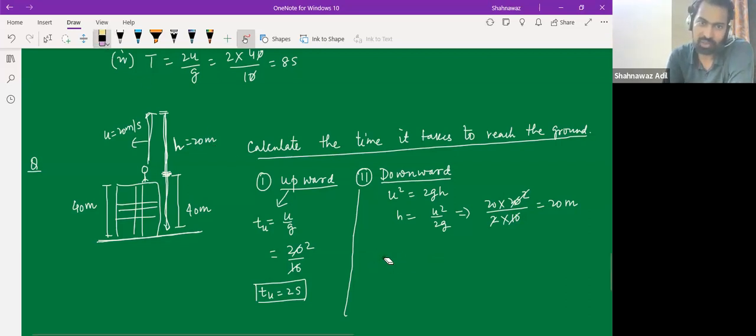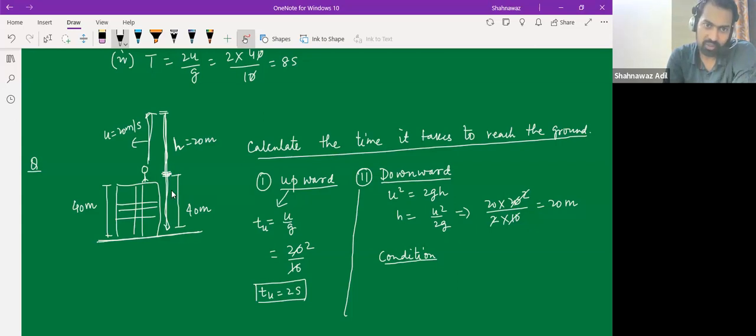For that we'll have to do something. We know the total distance. How much is the total distance? Yes, 60 meters. Absolutely correct. So let us write the condition, because we cannot use the previous formula that we derived, because we have this extra journey.